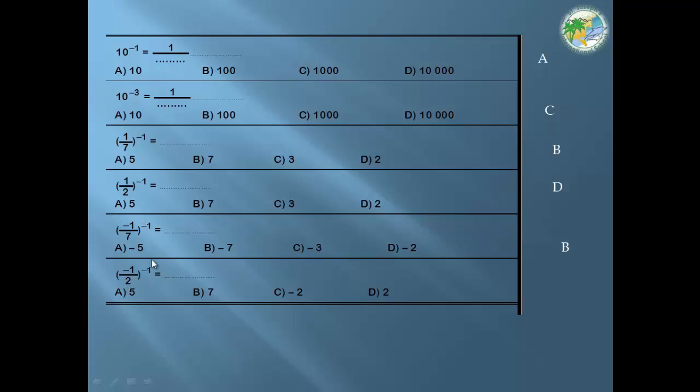Quickly, we answered before. Negative 1 over 7 power negative 1, we change the place of the numbers, so it becomes 7 over negative 1, which equals negative 7. The next question, negative 1 over 2 power negative 1 equals 2 over negative 1, which equals negative 2. Fine.